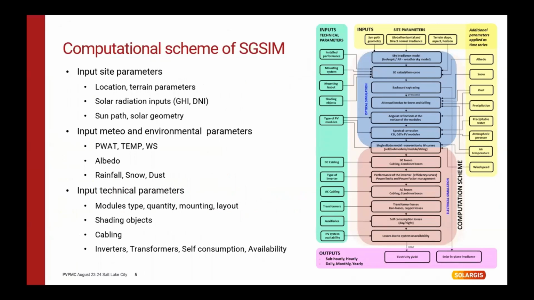But there are also angular reflection, soiling, and other sub-models. The electrical part ends with consumption, transformer losses, and inverter losses. The model requires a lot of detailed technical inputs, and environmental and meteorological inputs like basic radiation data, temperature data, albedo, and snow information.